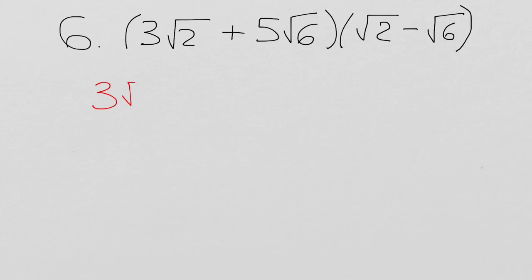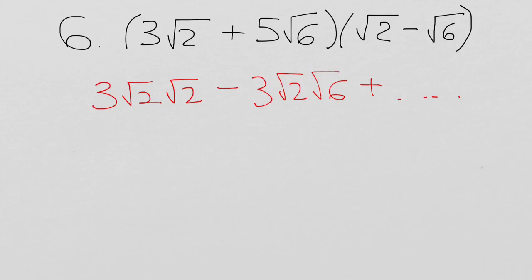So we're going to get 3 root 2 times root 2. Then 3 root 2 times negative root 6. We're going to have subtract 3 root 2 root 6. And then you're going to do the same 5 root 6 times root 2, and then 5 root 6 times negative root 6. So you can finish that off.